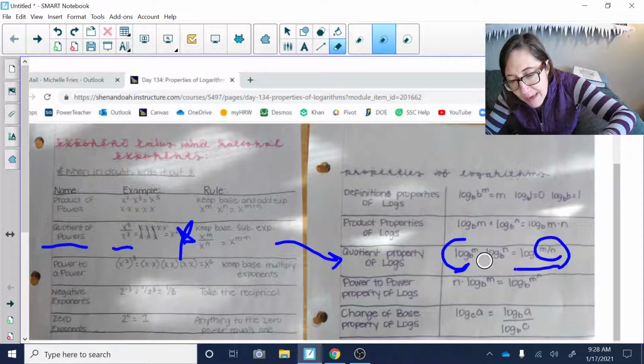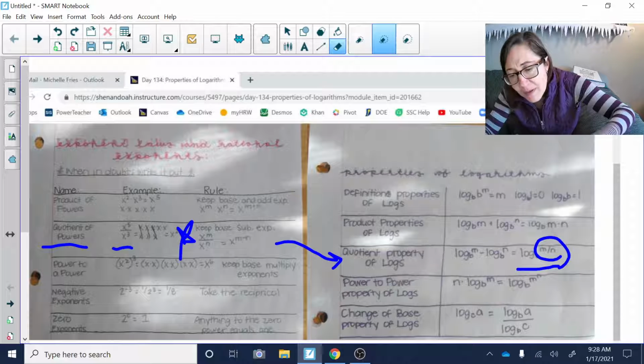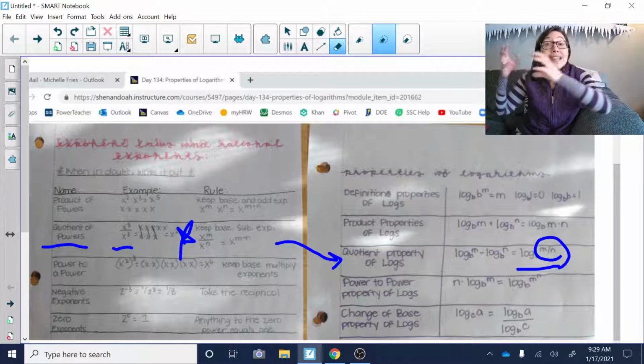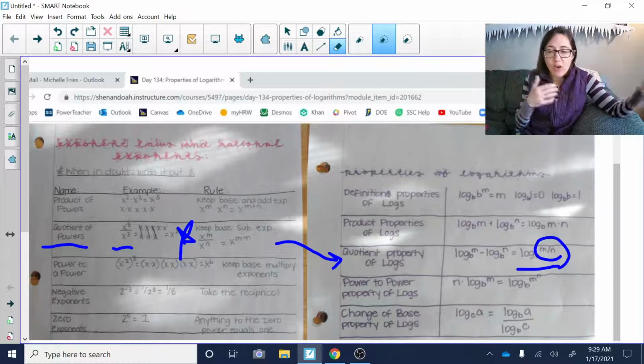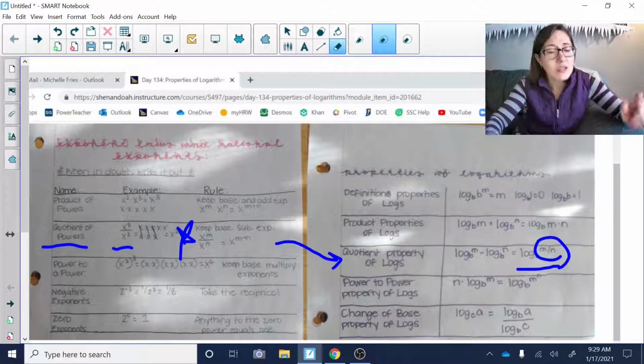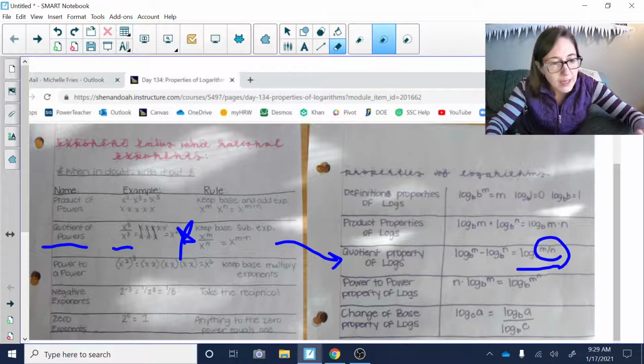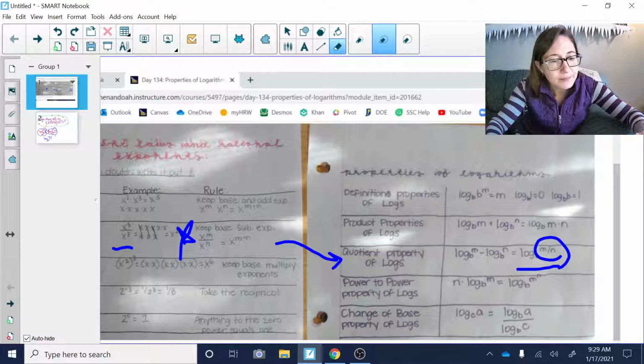See that m and that n, those are the arguments? I must be dividing them if I had to subtract the exponents. So we're consolidating these things. So let's see what that would look like in an example.